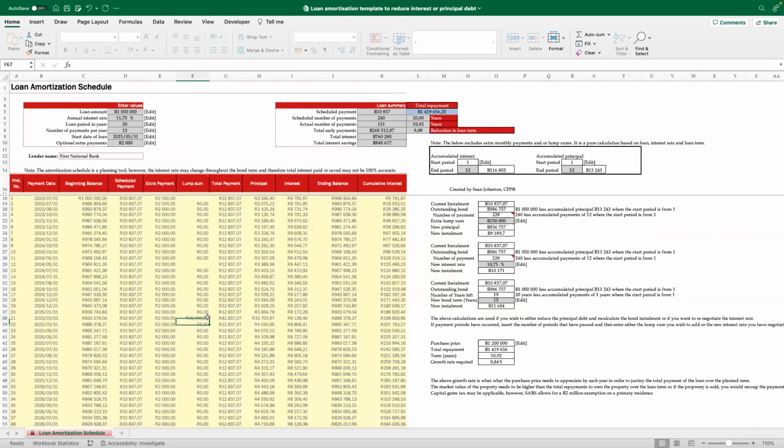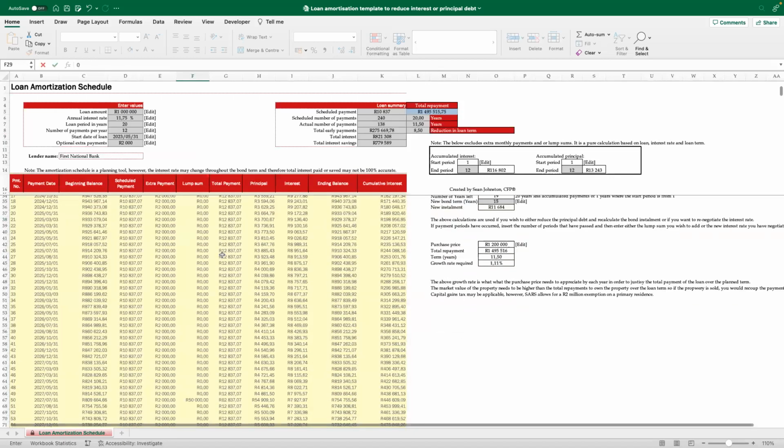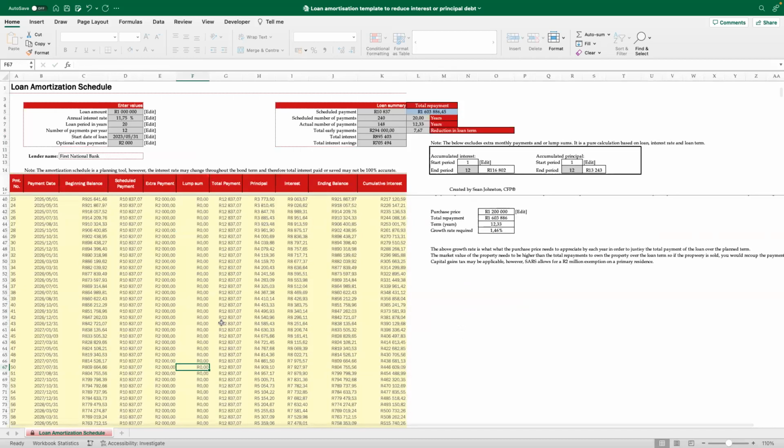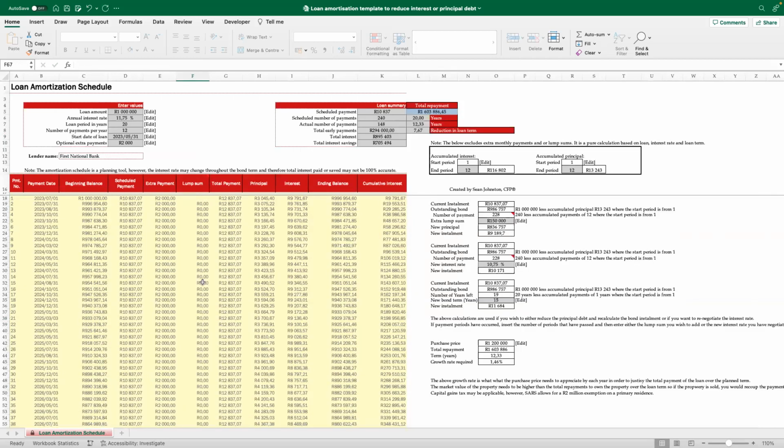So the point is that this person can hypothetically plan a scenario of making extra payments monthly or ad hoc payments as a lump sum or a combination of the two. So if I take this off, and let's say this person has an access facility, and after the first year or so, they're going to put in 200,000 Rand into this loan.